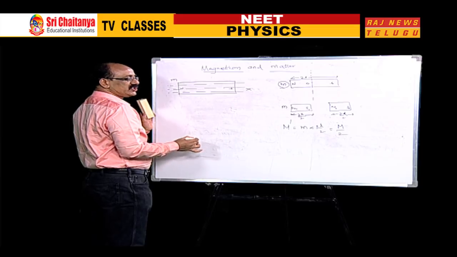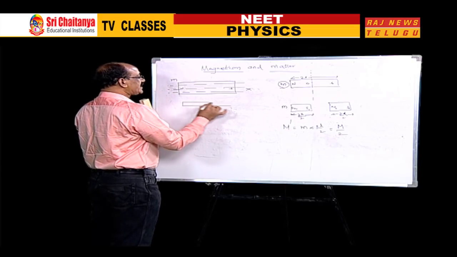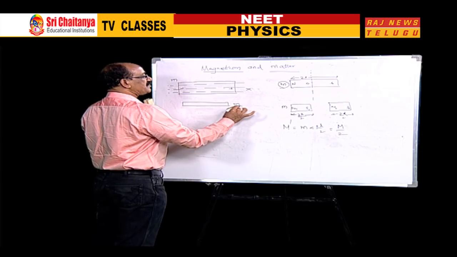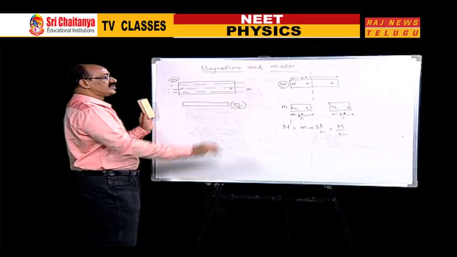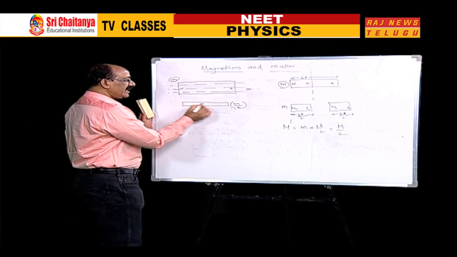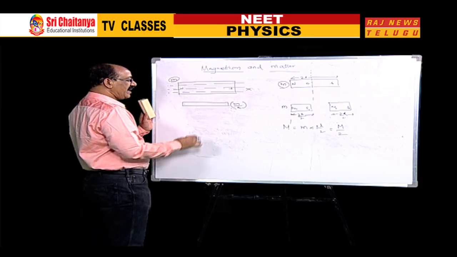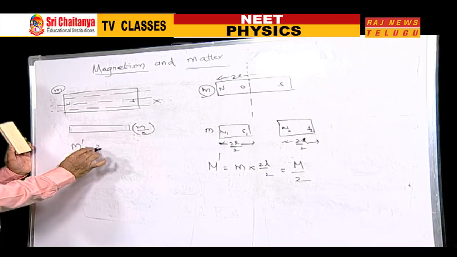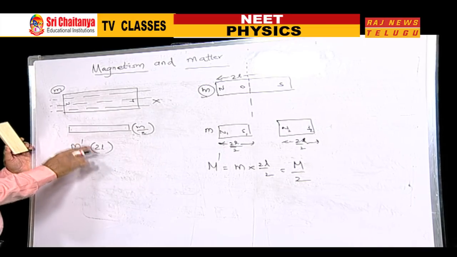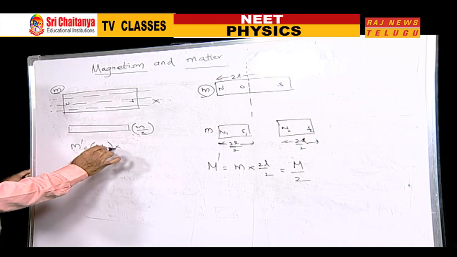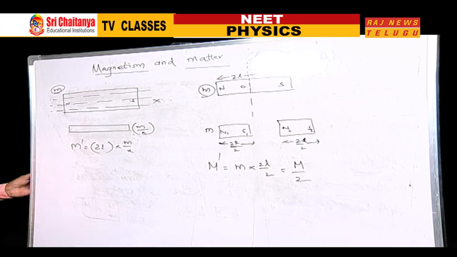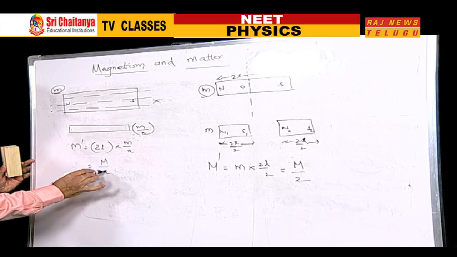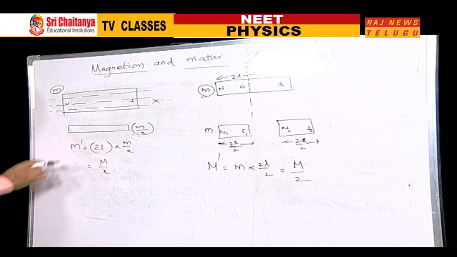As the area of each piece is 1/X of the area of the original magnet, the pole strength has become m by X if the original pole strength is m. But the length remains the same as that of the original magnet. Therefore, the new magnetic moment, if I call it M prime, is 2L, as the magnetic length remains the same, times a pole strength of 1/X of the original. Therefore, the magnetic moment becomes 1/X of the original magnetic moment.